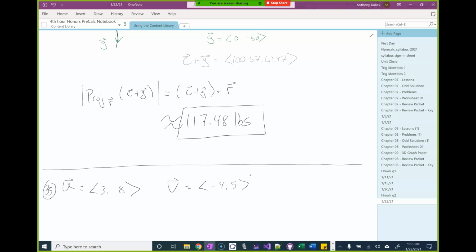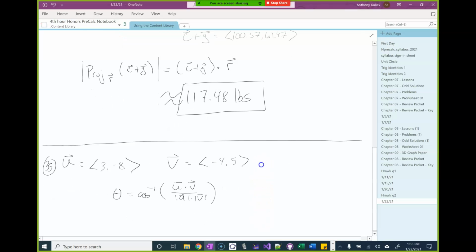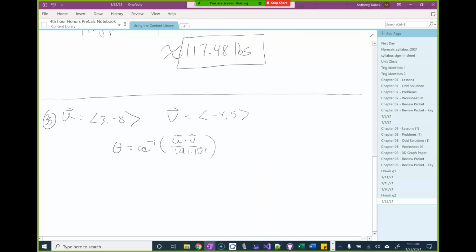So that's the formula, and that's all I'm going to use. I'm going to start out by calculating the dot product and then the two magnitudes, and then I'll plug those into the formula.